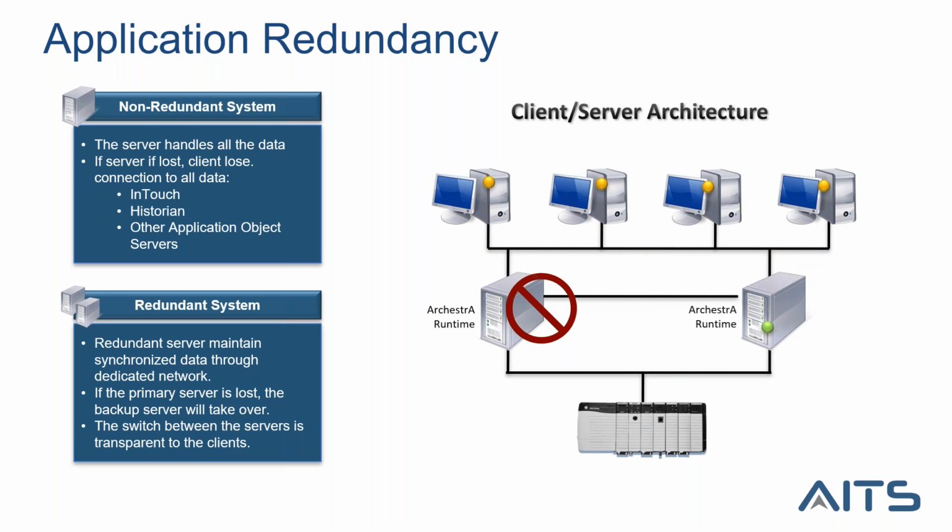The primary server is lost, the backup server will take over. The switch between the servers is very transparent to the client. The client will never see anything, even the Historian server. You will not know which one is sending the data, the first server or the second server.